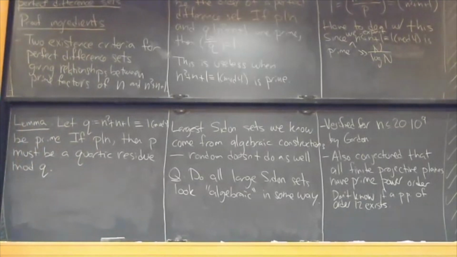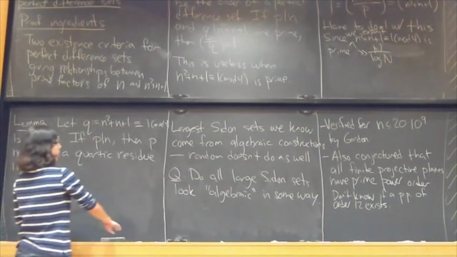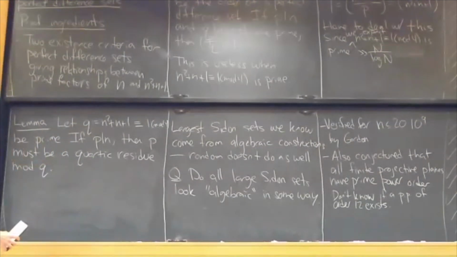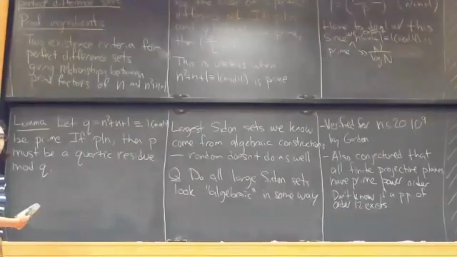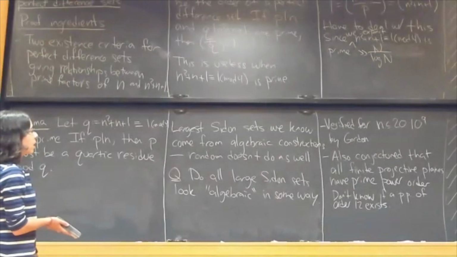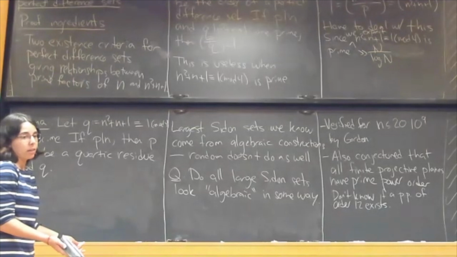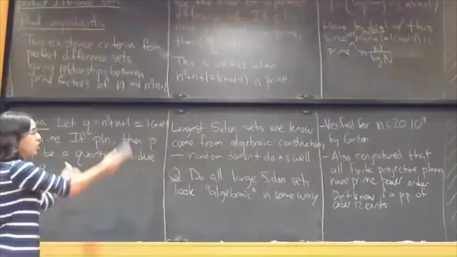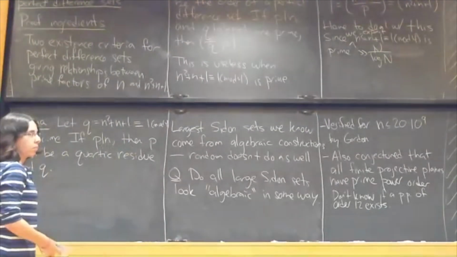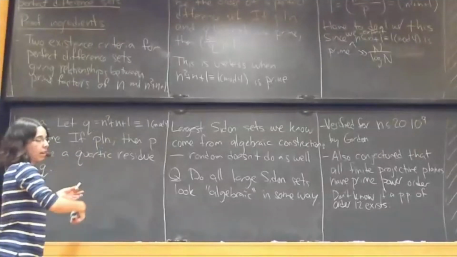Okay, so now that I've told you these two existence results, you should be pretty convinced that this asymptotic version of the prime power conjecture that I wrote down is true, because typically n or n squared plus n plus 1 should have enough prime factors that these conditions should be really hard to satisfy most of the time.